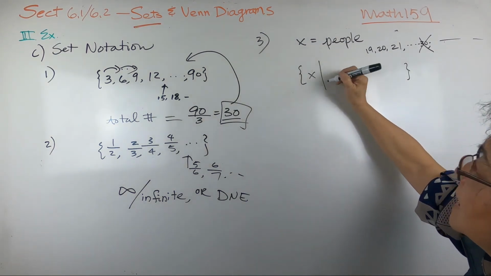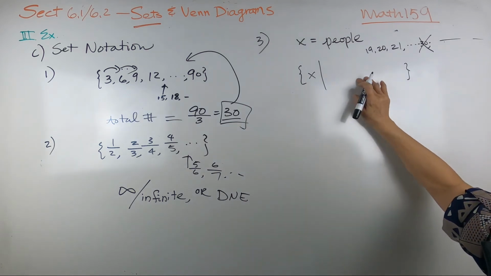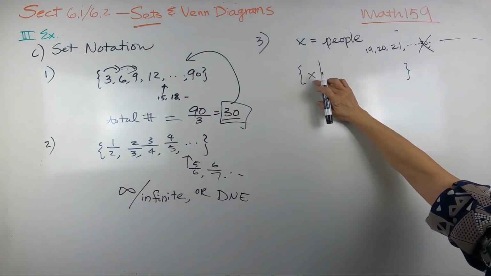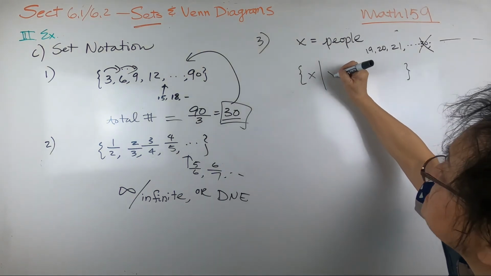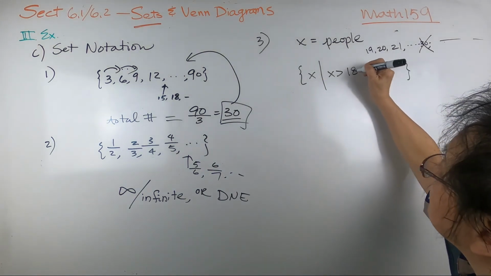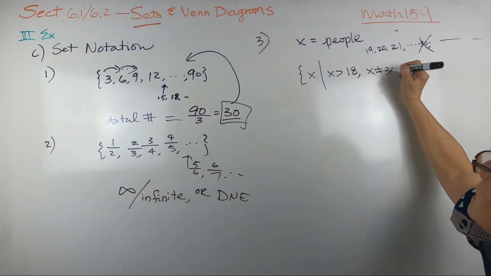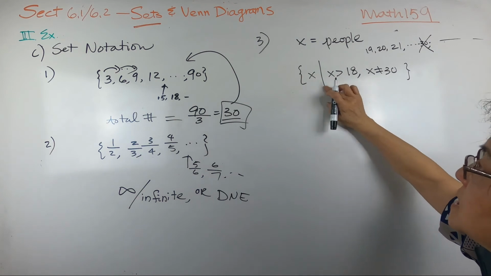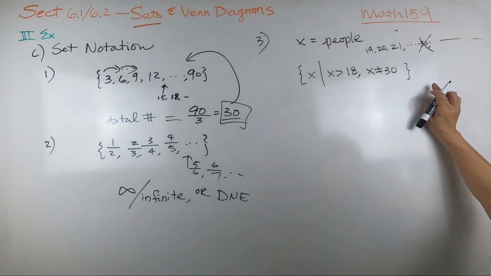Then you put the bar after it, then you put a description here for the X you are describing. So it says older than 18, so it's older than 18, right? But not 30, so it's not 30. So that's how we describe it formally in a set notation.